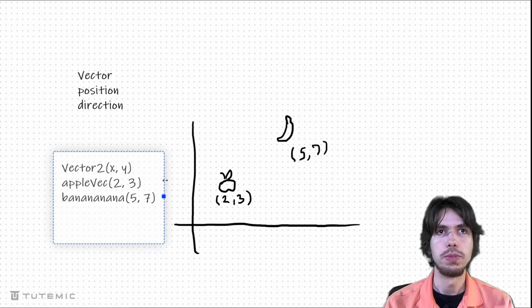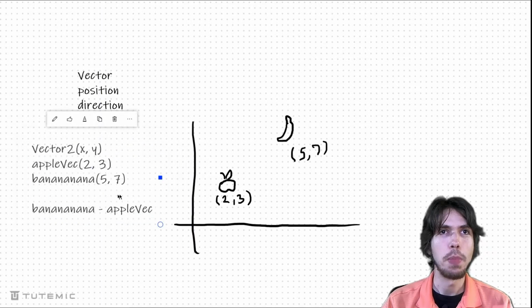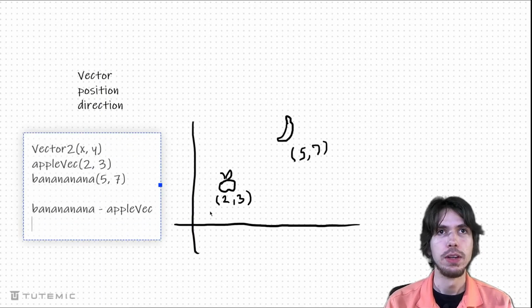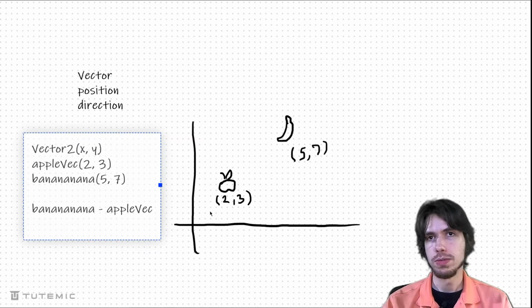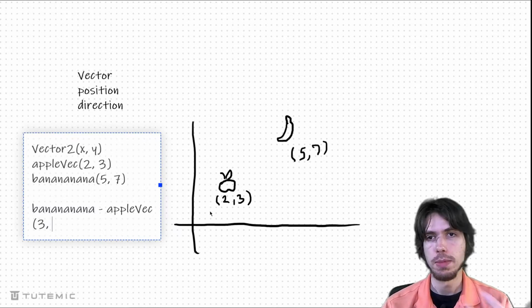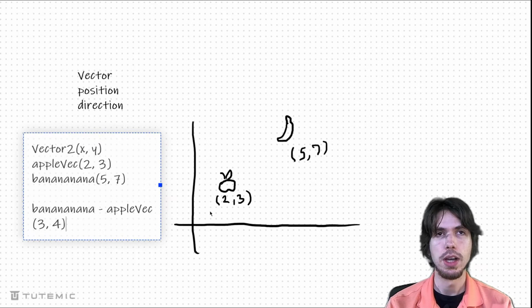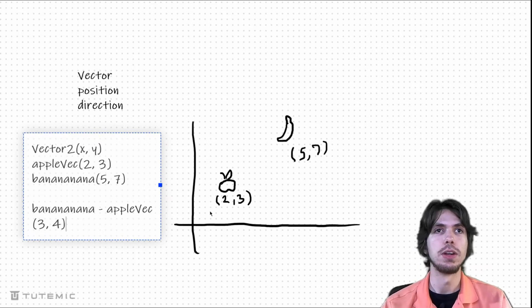If we subtract the banana vector minus the apple vector, then what do we get? 5 minus 2 is the x component, which is 3, and 7 minus 3, with 7 being the y component of the banana vector and 3 the apple's, gives us a difference vector of 3, 4.